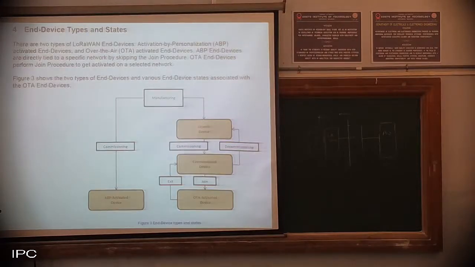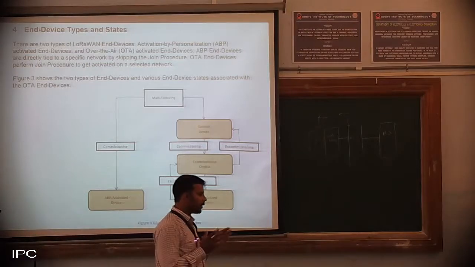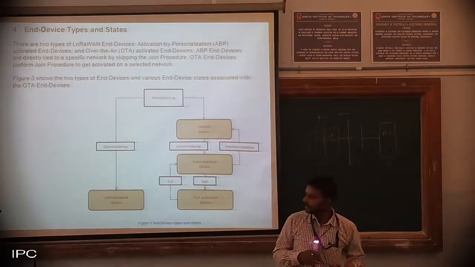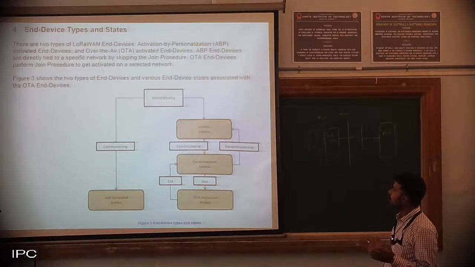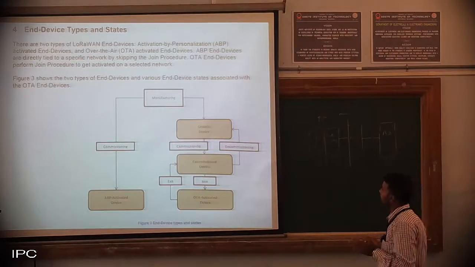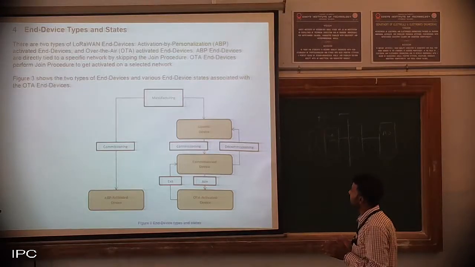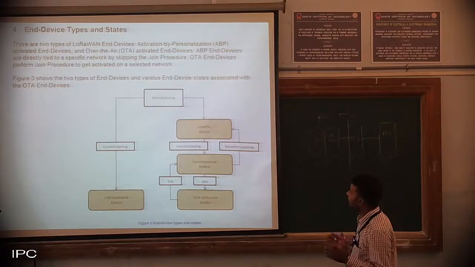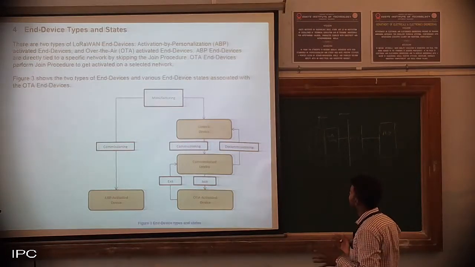And now coming to this, the end device types and the states. End device types means we can classify them by different activation methods. There are mainly two types of LoRaWAN end devices. One is activation by personalization and the other is over the air activation, that we call OTAA.